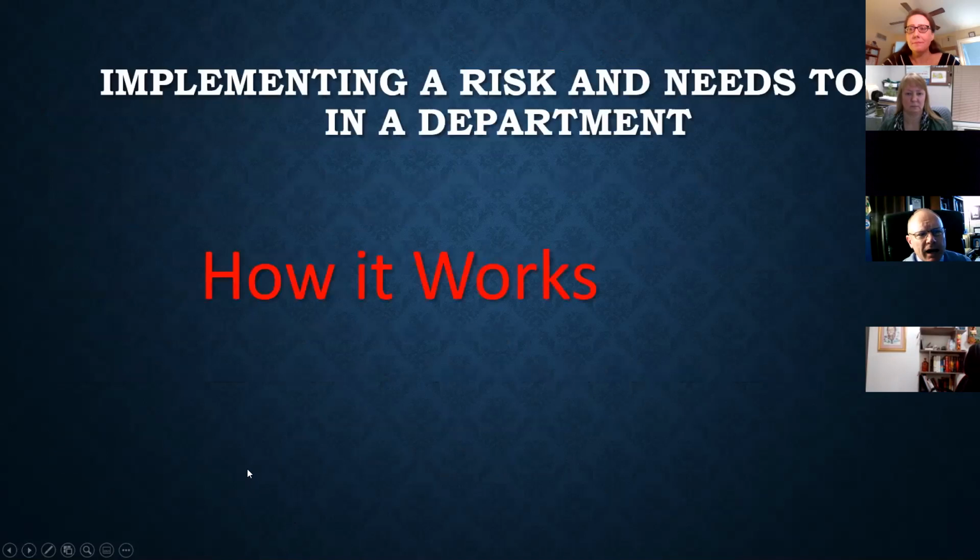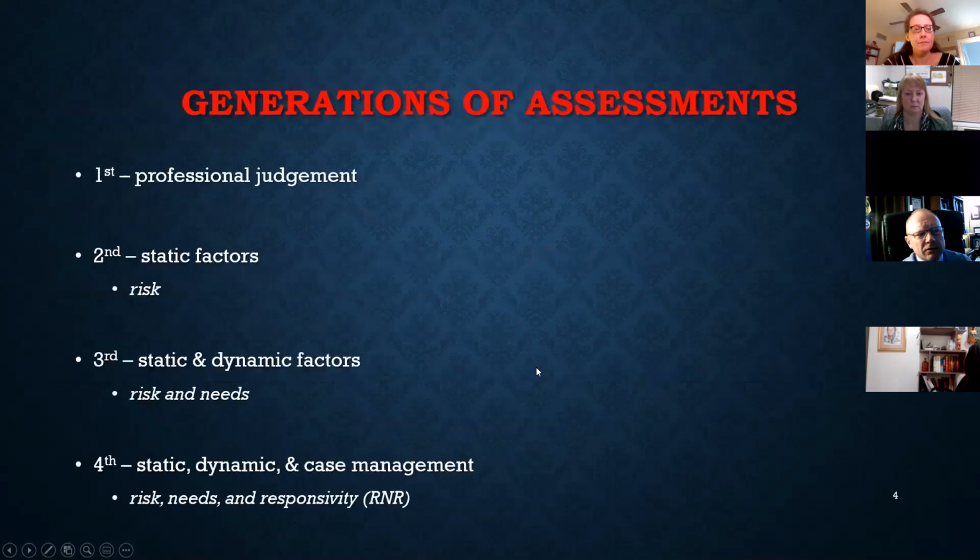So, how it works. So let's first talk about generations of assessments. Really the first generation of assessments really date back to, oh gosh, I mean, you're really talking assessments period over a century ago. But really, when you look prior to 1974, most assessments were just your generic professional judgment, clinical type assessments.